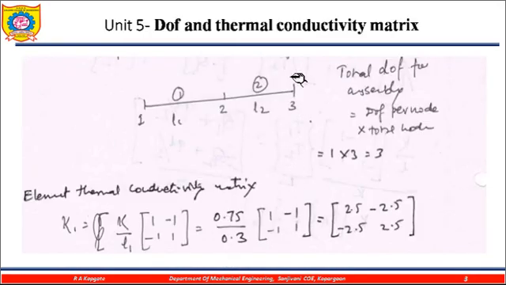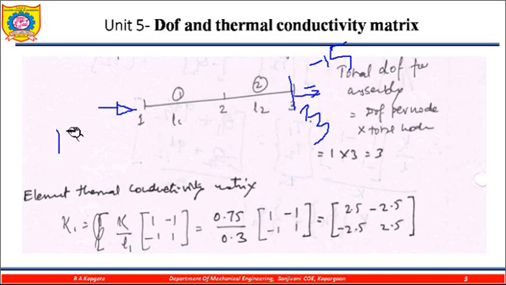Now just move on to the nodal diagram. This is my T3, and after T3 a convection takes place, with the ambient at minus 15 degrees centigrade, while on the other side heat is added at 15 degrees centigrade.